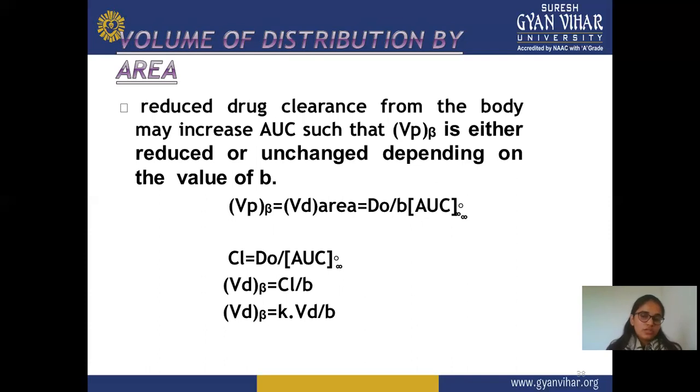So we can also write a constant amount of volume of distribution divided by V. So this is the volume of distribution for beta.